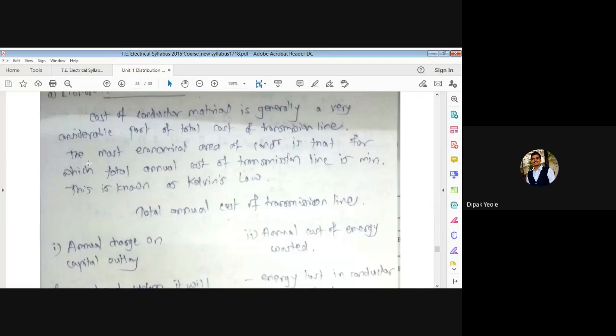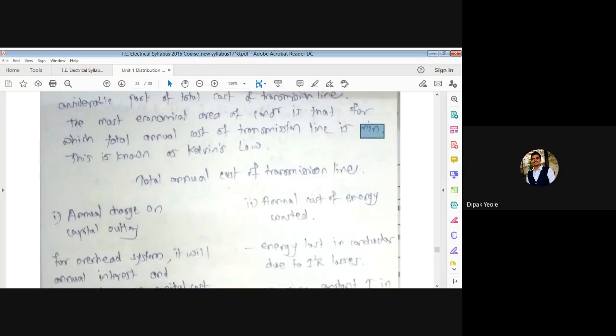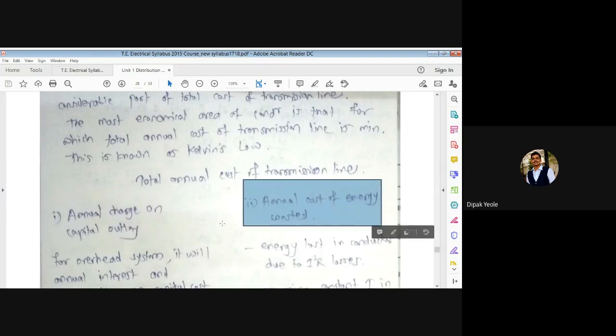Kelvin's law is nothing but: the most economical area of conductor is that for which the total annual cost of the transmission line is minimum. This is known as Kelvin's law. And we can write that the annual charge on capital outlay, meaning the towers and the transmission line, that is nothing but the capital outlay, is equal to the annual cost of energy wasted. This is what I told you earlier. And if these two are equal, that is called Kelvin's law.